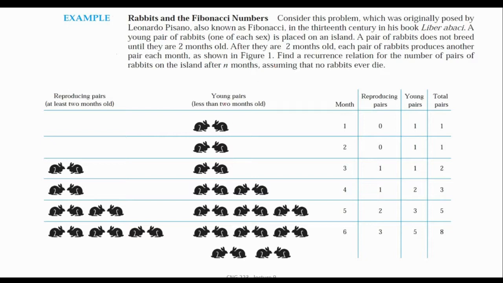Okay, so in this example, let's see whether we can find a solution for such a recurrence relation. Why do we call it a recurrence relation? Because it can depend on the previous states. Like before, for example, we had a_n equal to a_(n-1) plus something.